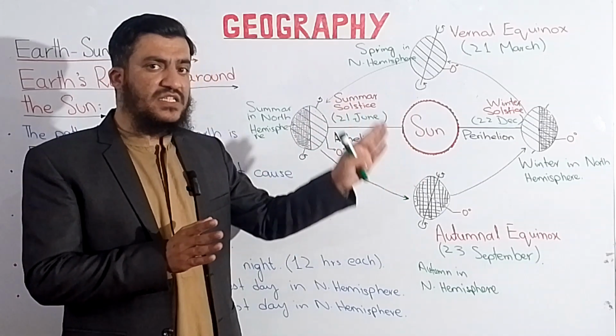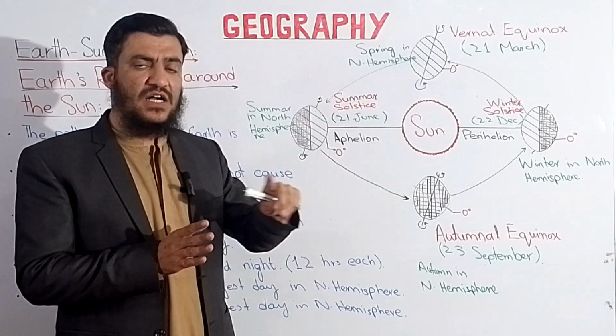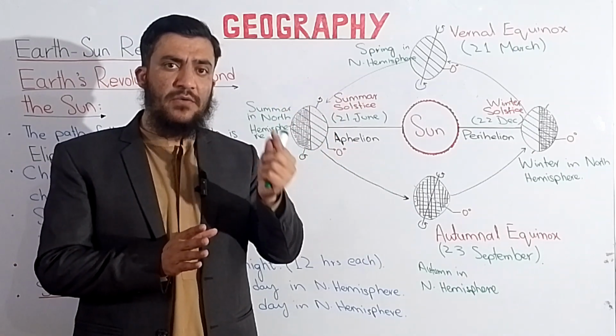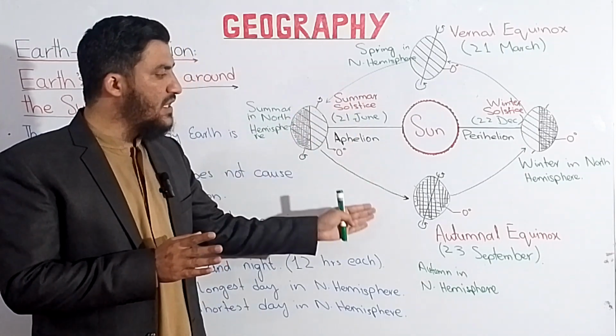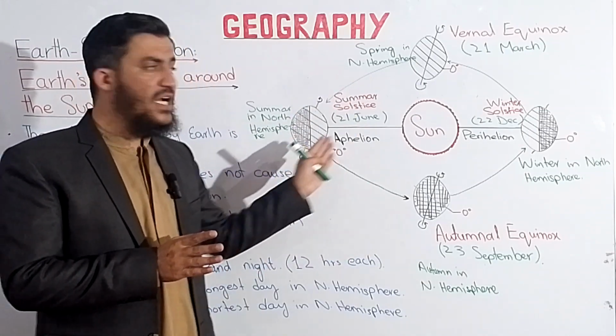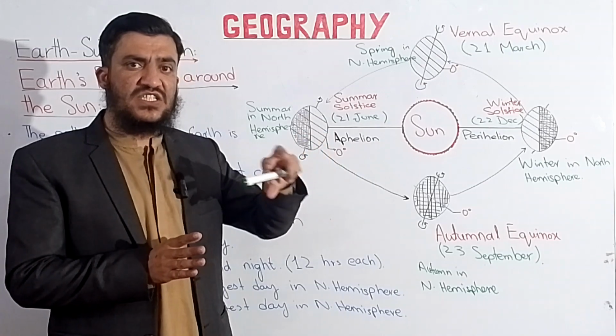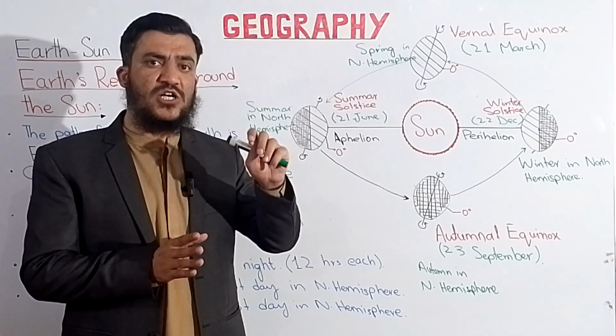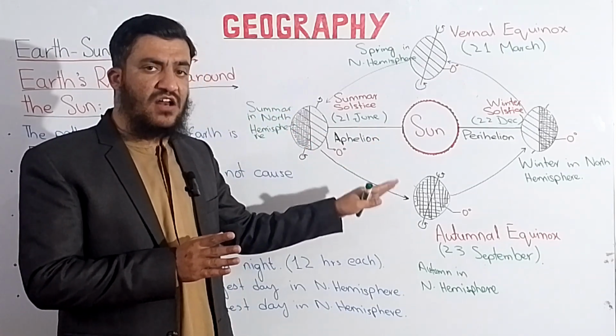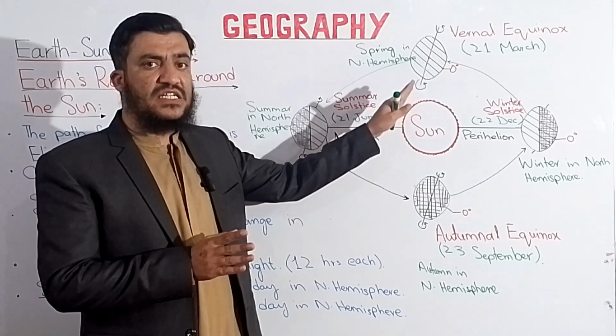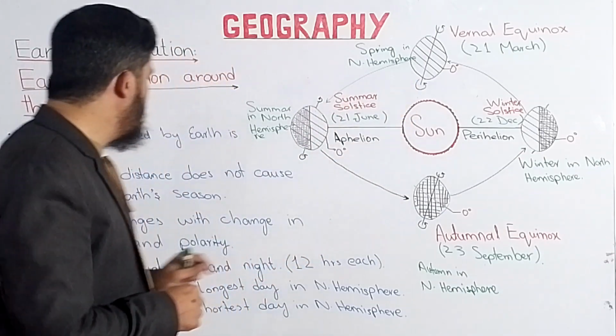We have witnessed different seasons throughout the year in one revolution: the spring, autumn, summer and winter. And these changes in the season do not occur because of the distance of sun and earth, rather they occur because of the deflection of the north and south pole.